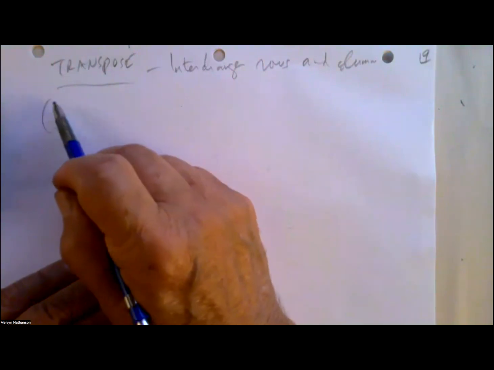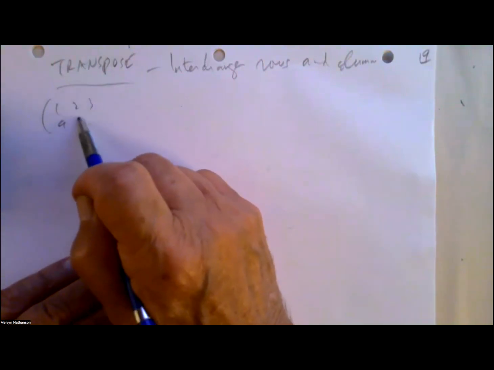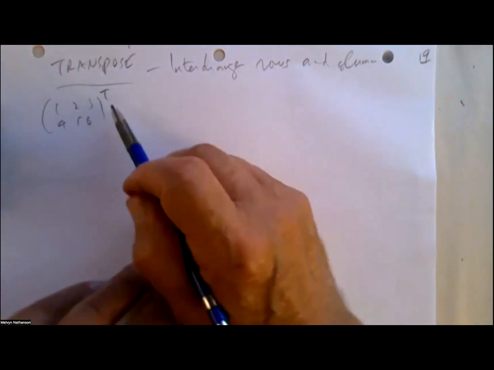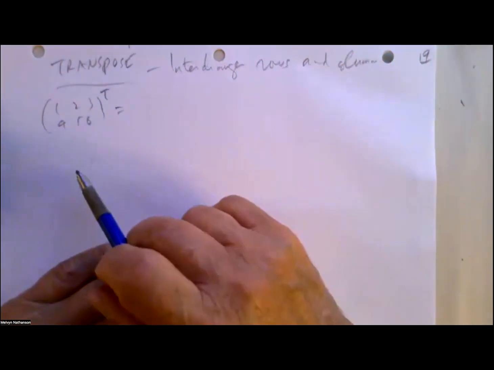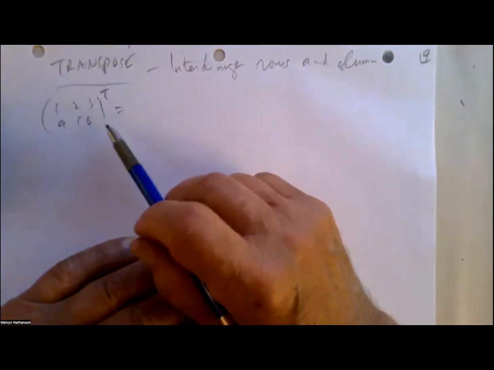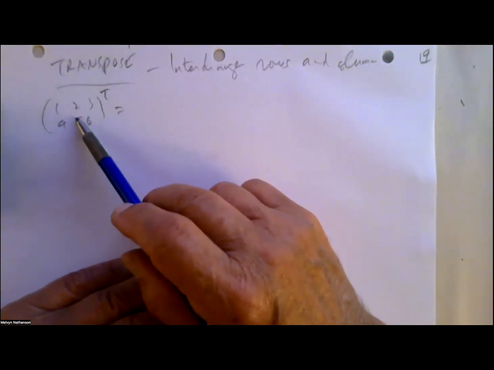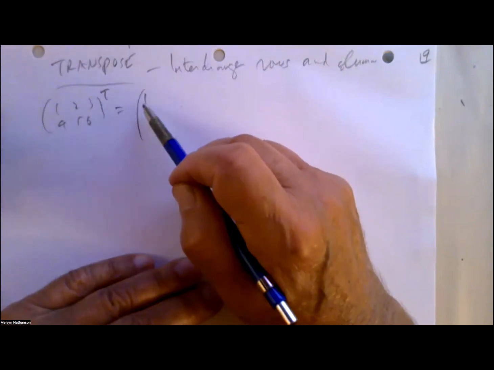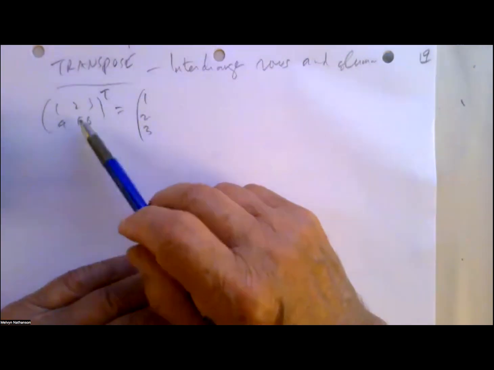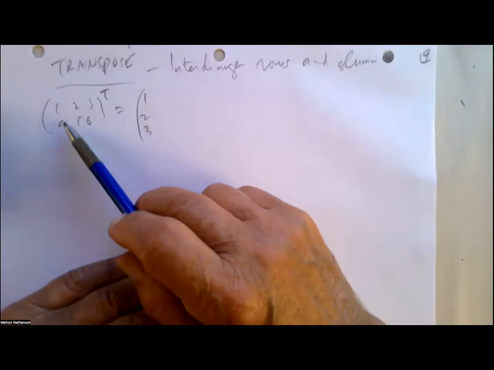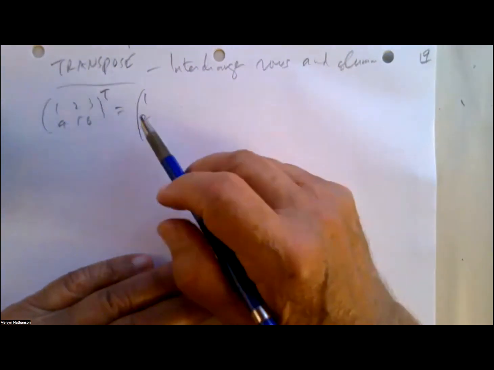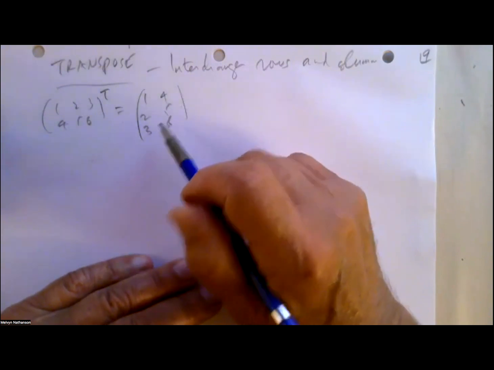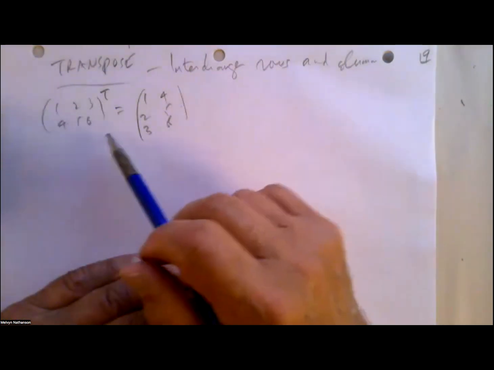So if you have the matrix [1, 2, 3; 4, 5, 6], the transpose of that, I'll put a superscript T, means take every row and make it into the corresponding column. So in this matrix, the first row is 1, 2, 3. So in the new matrix, the first column will be 1, 2, 3. In this matrix, the second row is 4, 5, 6. So in this matrix, the second column is 4, 5, 6. So here I transpose rows into columns.